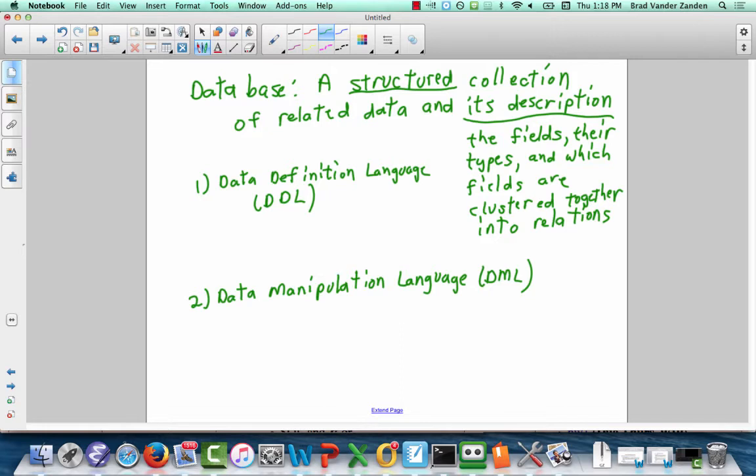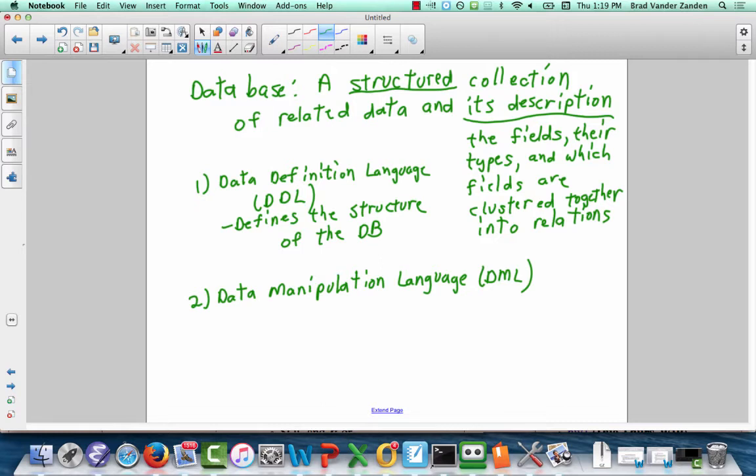The data definition language defines the structure of the database. Think of it as the variable declaration section of a program. It's the one that's declaring the fields, declaring their types. It is saying which fields are clustered together into files. As I say, a good way to think of a data definition language is as the variable declaration part of your program.